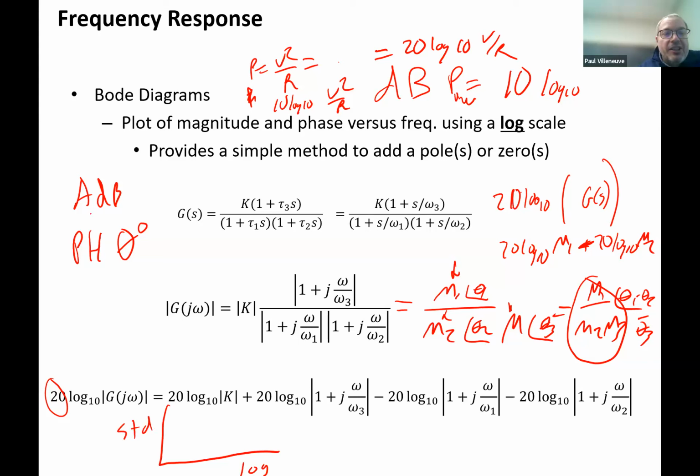The reason this is standard scale is I've already converted this into logarithmic scale by taking 20 log 10 here. So I don't put this under a log scale, I just put it under standard scale. Even though this says it's log log, I'm being a little sneaky because I've taken the log already to get the decibel value. So it's displaying the log, but I have to take the 20 log 10 of it.